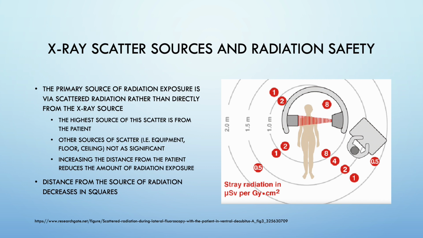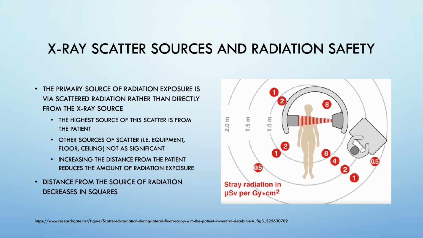Scatter is radiation that is emitted from the source and then hits an object, whether that object is the patient or the table or any other equipment between it and the receiver. And then that radiation is thrown all over the place in various directions. Since the radiation beam is directed at the patient, the highest portion of scatter comes from the patient itself.